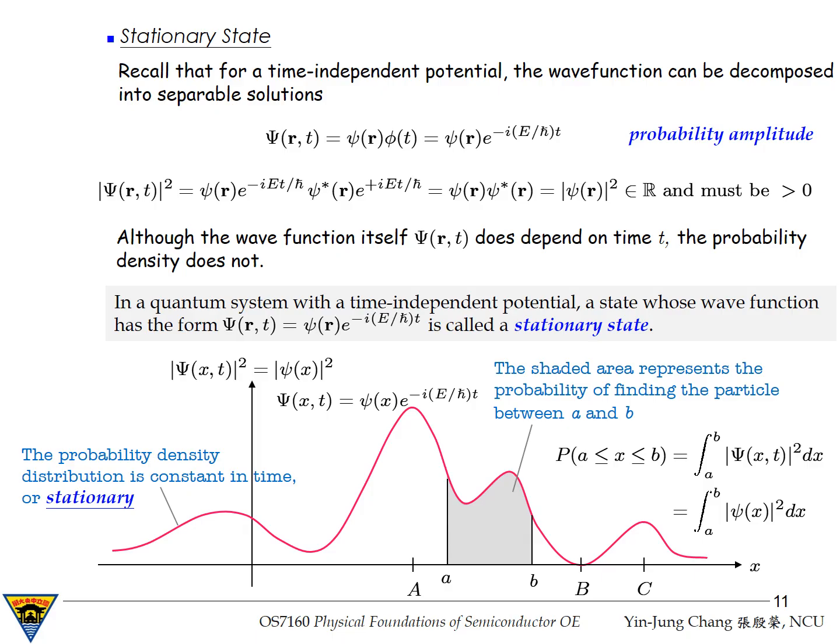So if you were to repeat an experiment many times on identically prepared systems in the same stationary state, the statistical distribution of measured positions would remain unchanged over time. So please keep in mind that for a stationary state of definite energy, the corresponding probability density doesn't change with time.